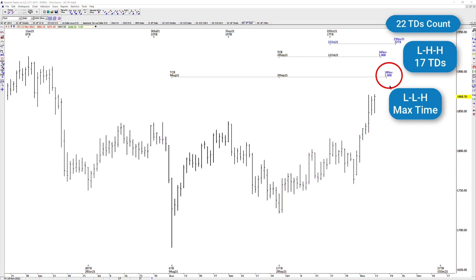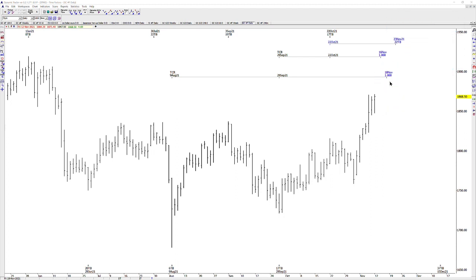So it's a very significant point in time. We now have between the 16th and the 23rd, that's the 17 to 22 trading day count. And then we have earlier in the early part of that range, November 18th is a high probability of being the maximum count. And then I would say the 16th also, just because 17 days, we're going to be lucky enough to get 17 days a third time.